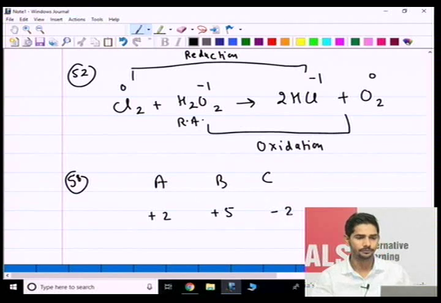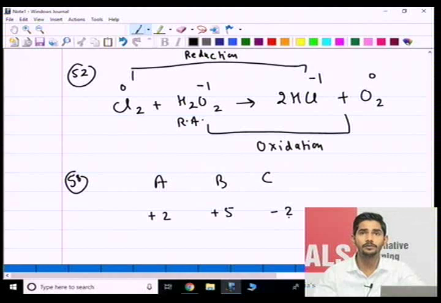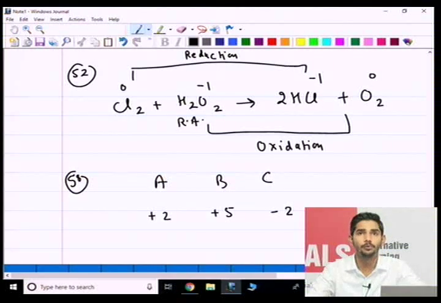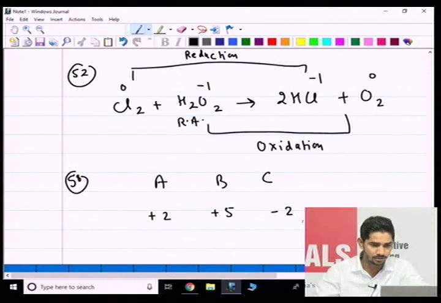Formula of the compound. I have told you that net positive charge should be equal to net negative charge. So how we can achieve that? Total positive charge should be equal to total negative charge. According to the given formulas, if I multiply it with the 2, we won't get the right answer.